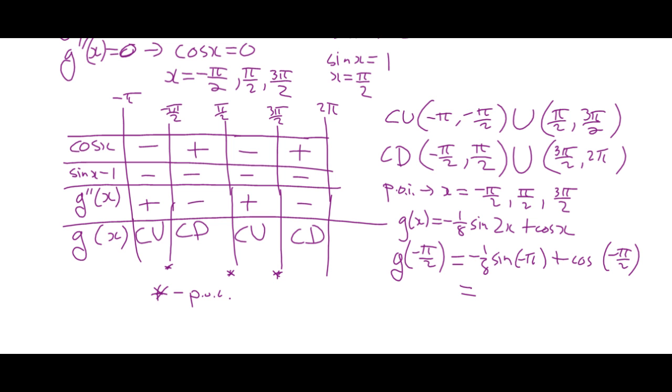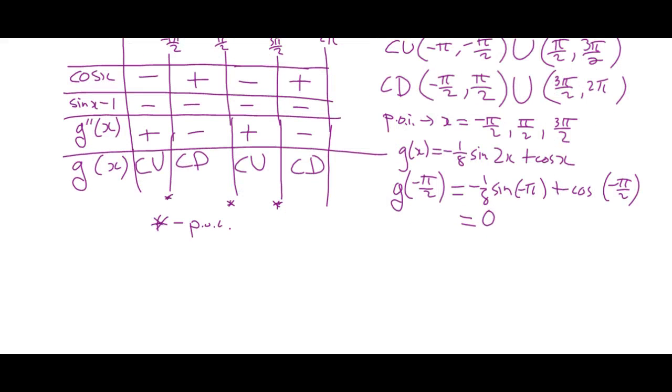So that's 0, and the cosine of that's 0. So that's 0. So negative pi over 2, 0. g of pi over 2 is actually going to be the same, just flipped positive. They all end up being 0.